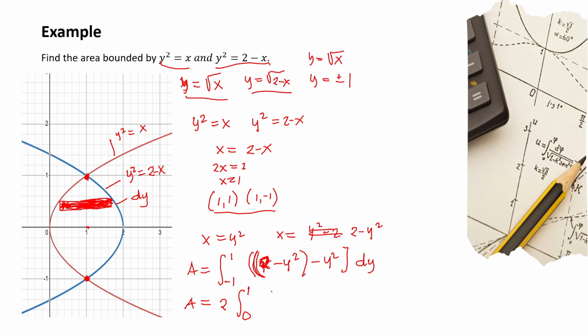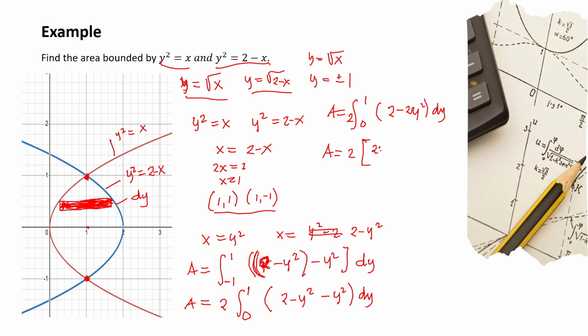So 0 to 1, 2 minus y squared minus y squared dy. So the area is the integral of 0 to 1 twice of 2 minus 2y squared with respect to y.